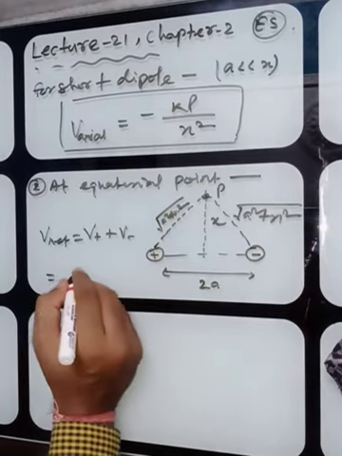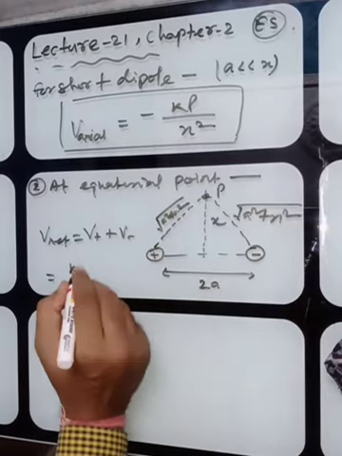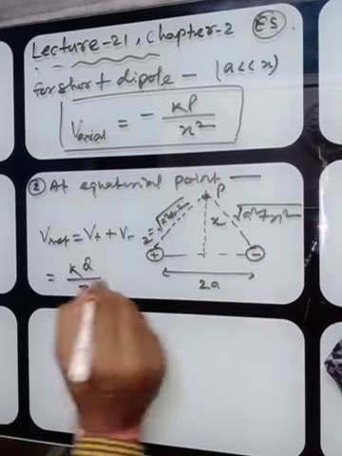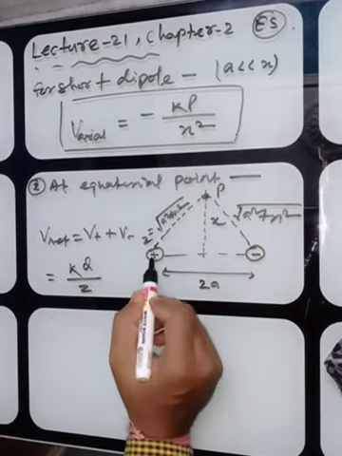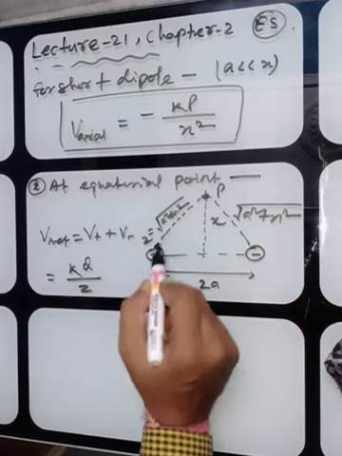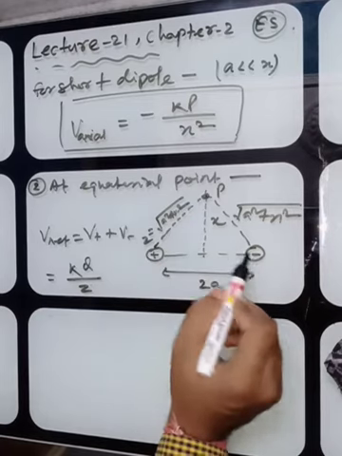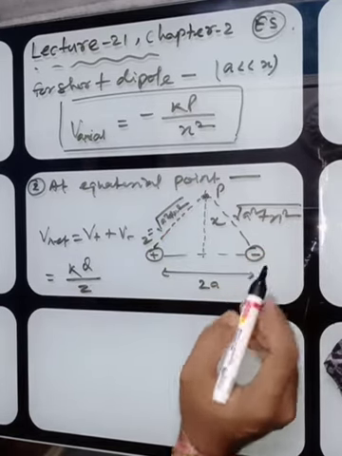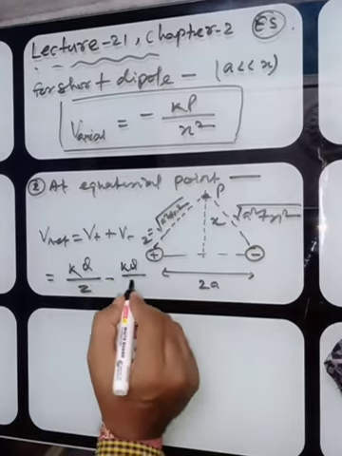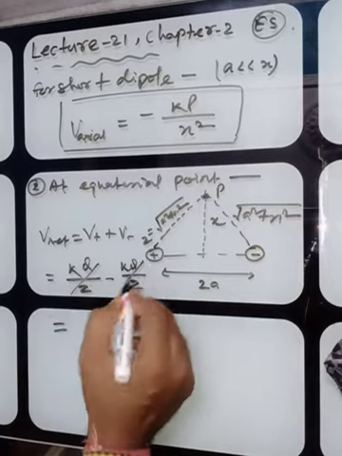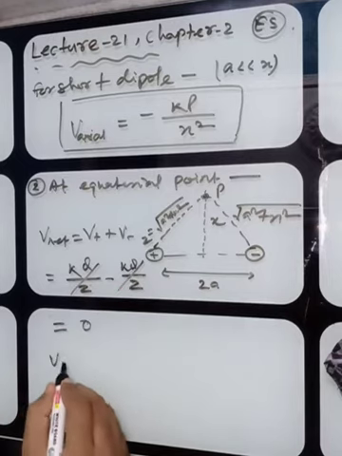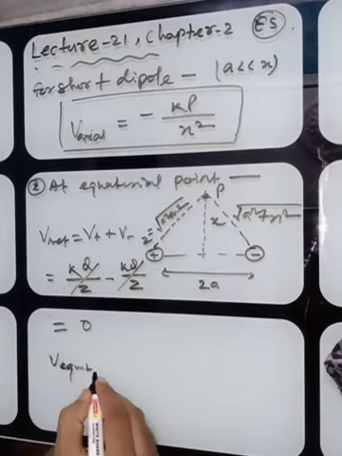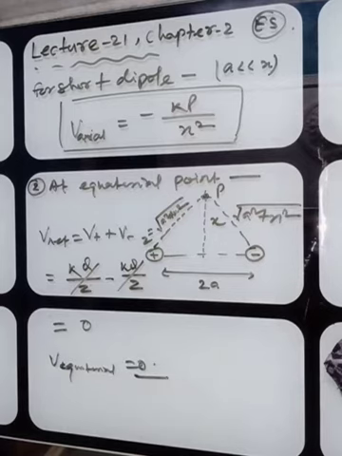Now KQ by the distance, suppose it is Z, for the positive charge, and for the negative charge the potential at this point will be KQ by Z again, but here the charge is negative, so minus KQ by Z. So the net potential will be zero. Remember, the net potential at the equatorial point must be zero.